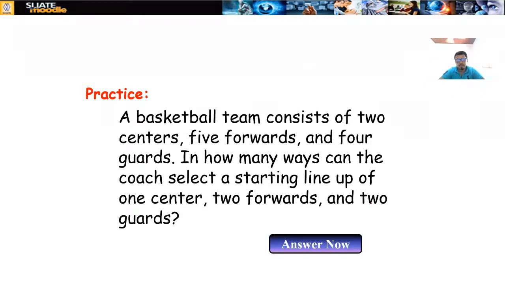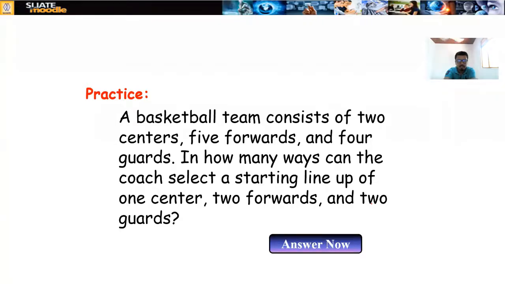A basketball team consists of 2 centers, 5 forwards, and 4 guards. The squad again.